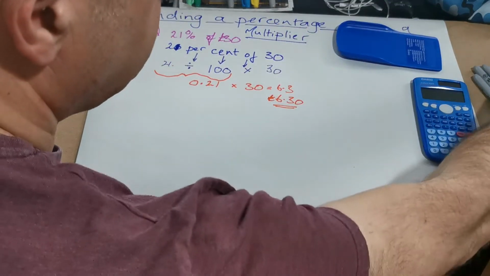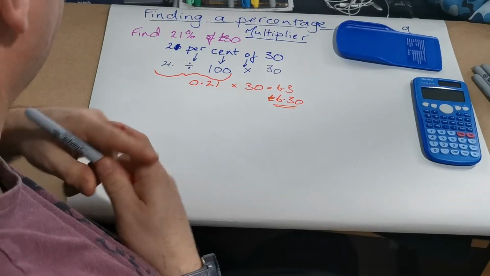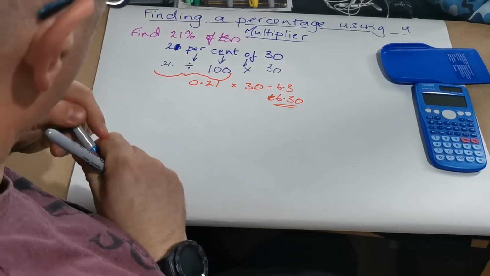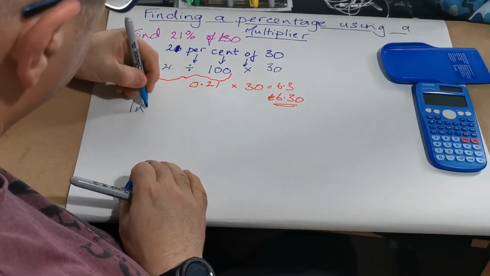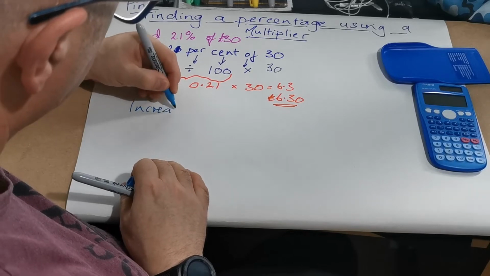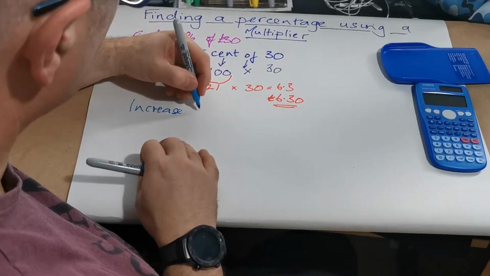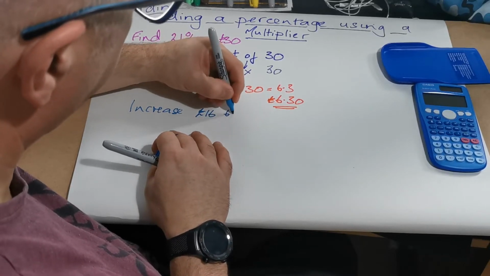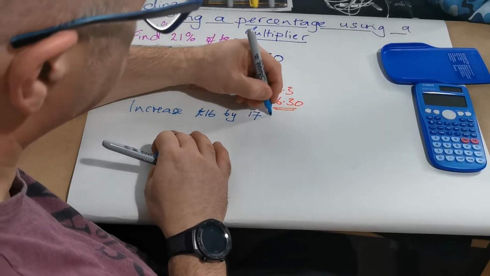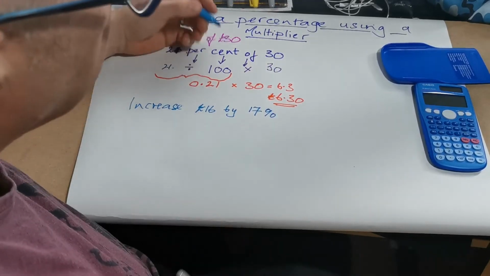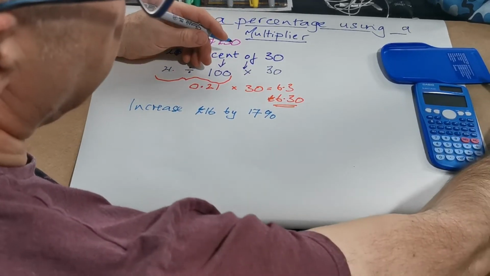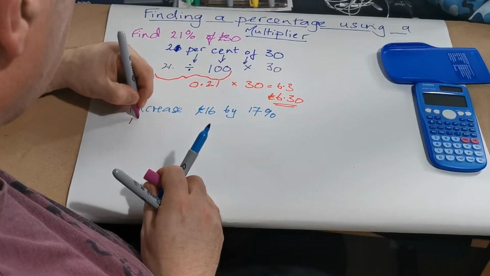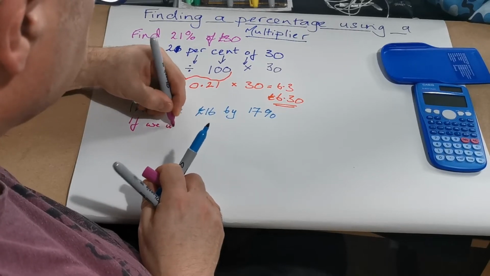Now, you can use this to find a percentage increase as well. So if I said increase £16 by 17%, I'd like you to think about increase by 17% and what that means.